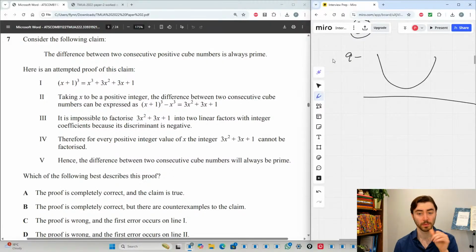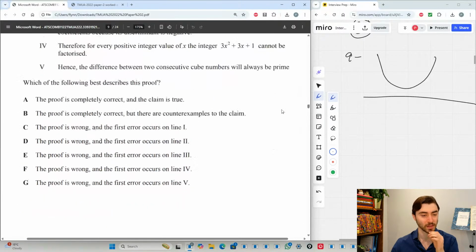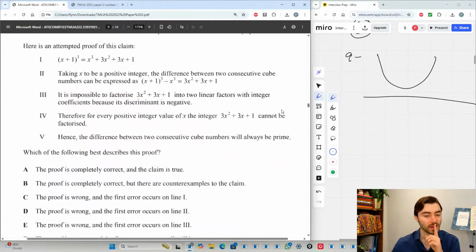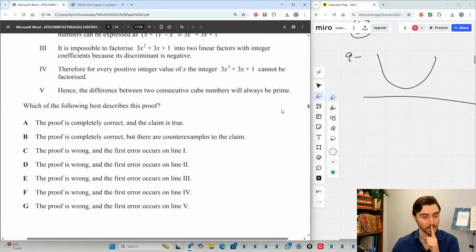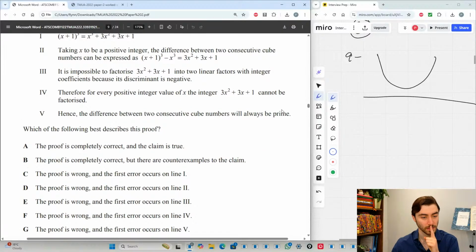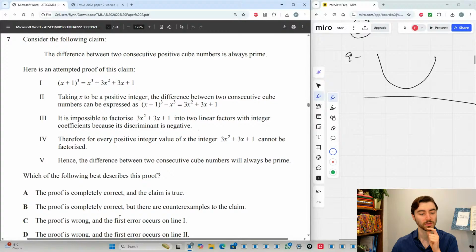But in the meantime, this is a good time to use the technique of educated guess, but then coming back at it with fresh eyes. Here, I'm tempted to believe this is true. Well, are there counterexamples? It can't be completely correct if there are counterexamples.